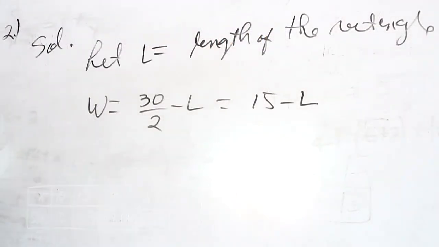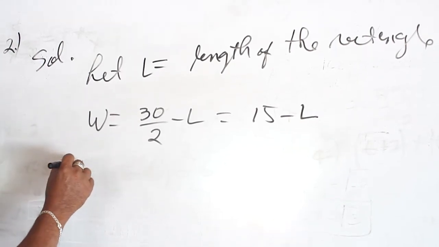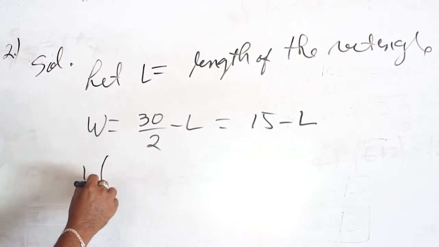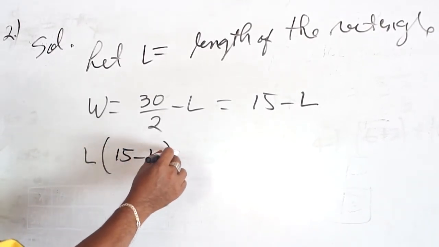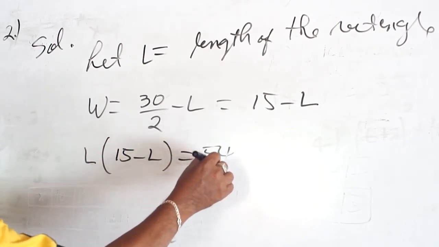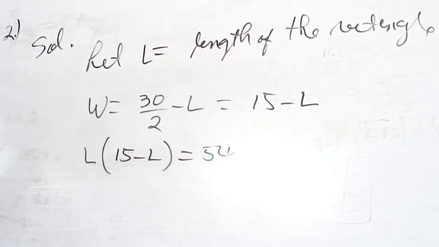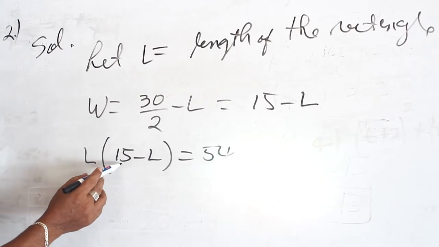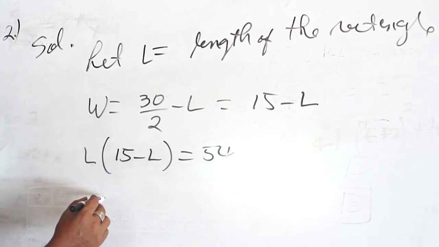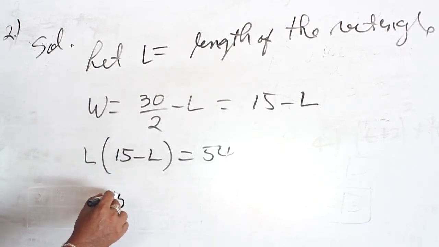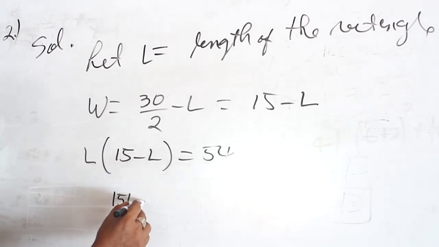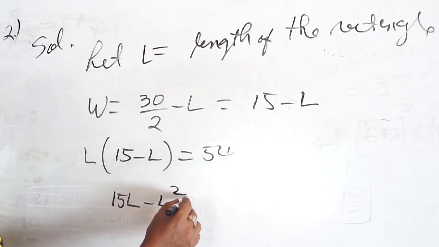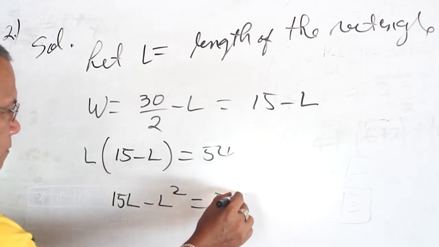Now you have to formulate the equation. The equation would be L times the quantity 15 minus L equals 54. Then multiply: 15 times L is 15L, then negative L times negative L gives negative L squared, equals 54.